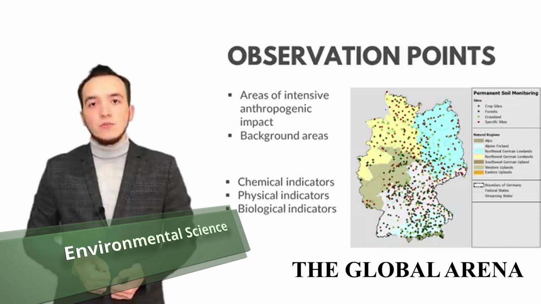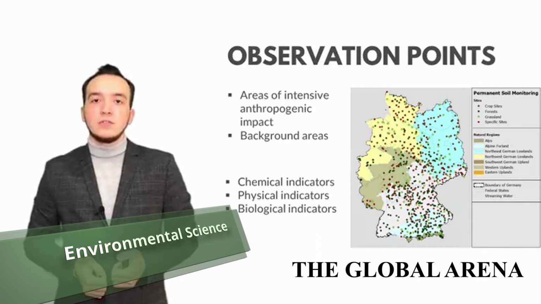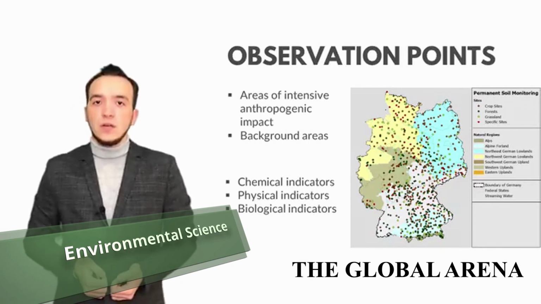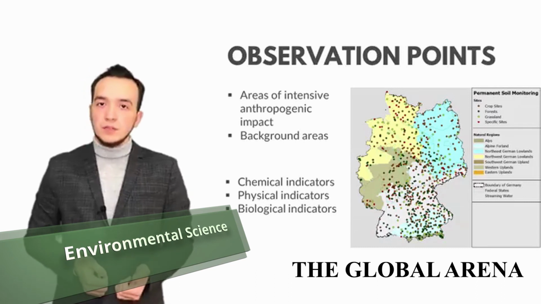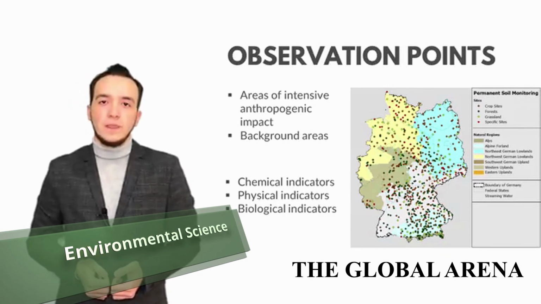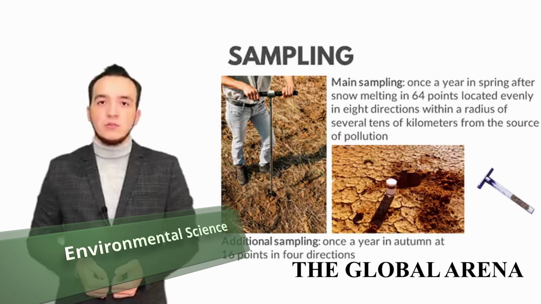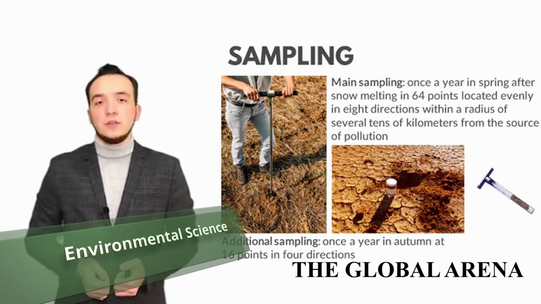Regular observation of chemical, physical and biological indicators characterizing the state of the soil are carried out at stationary observation points using field methods and analysis of selected samples. An important object of research is the soil around power plants and other energy facilities.